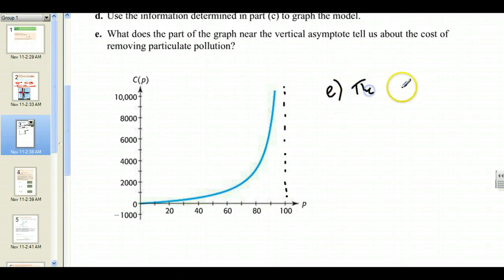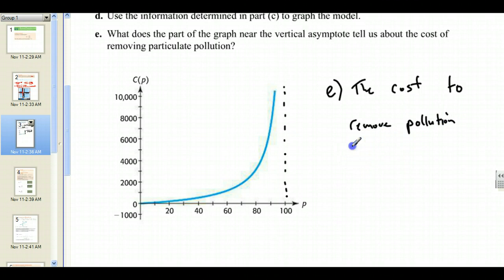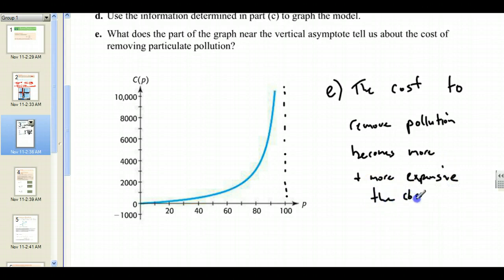So the cost to remove pollution becomes more and more expensive the closer P gets to 100%.